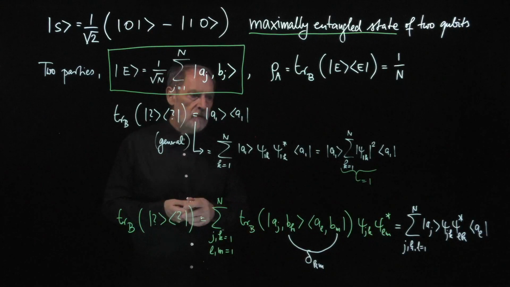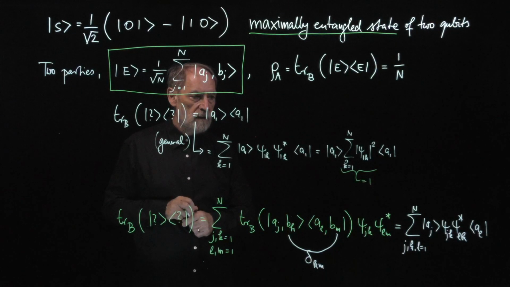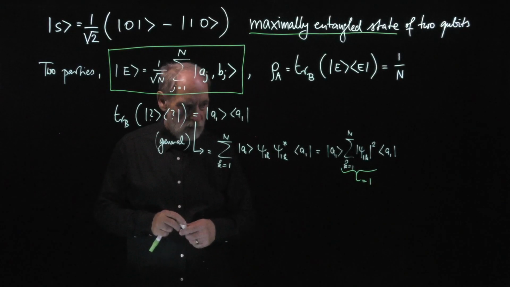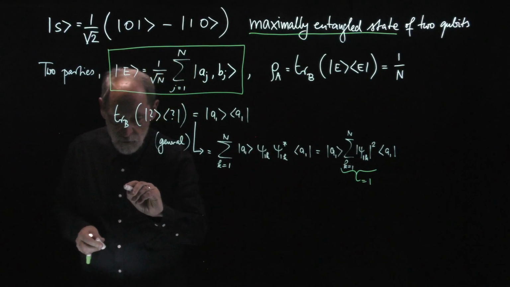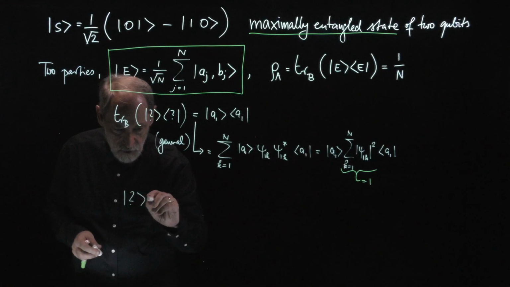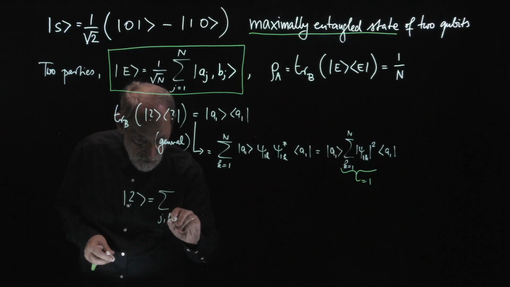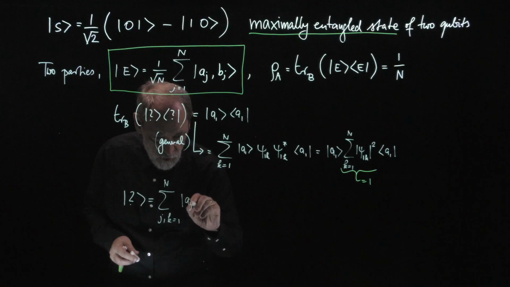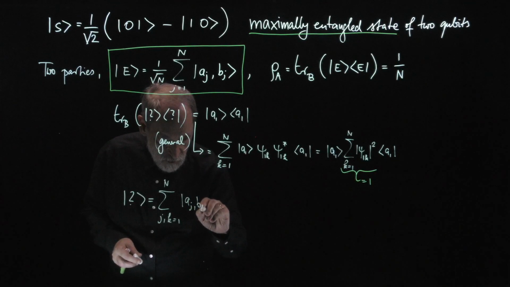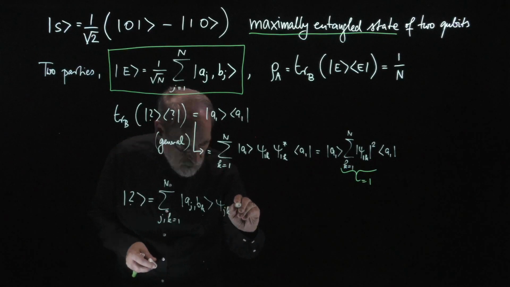Now, returning to the expression for the question mark, what does this tell us about the question mark state? Well, the question mark state, as we wrote it down, was a sum over j and k from 1 to n. And here we had A_j, and B_k, and the psi_jk coefficients.